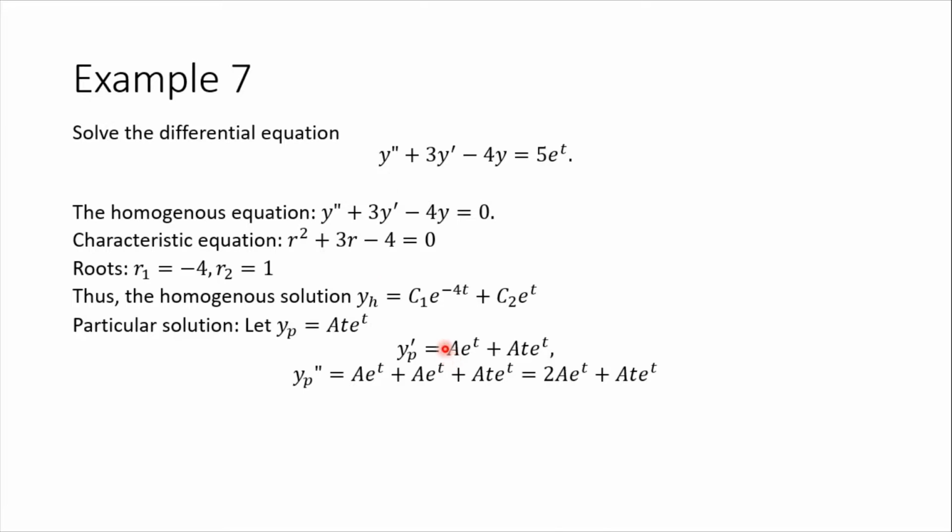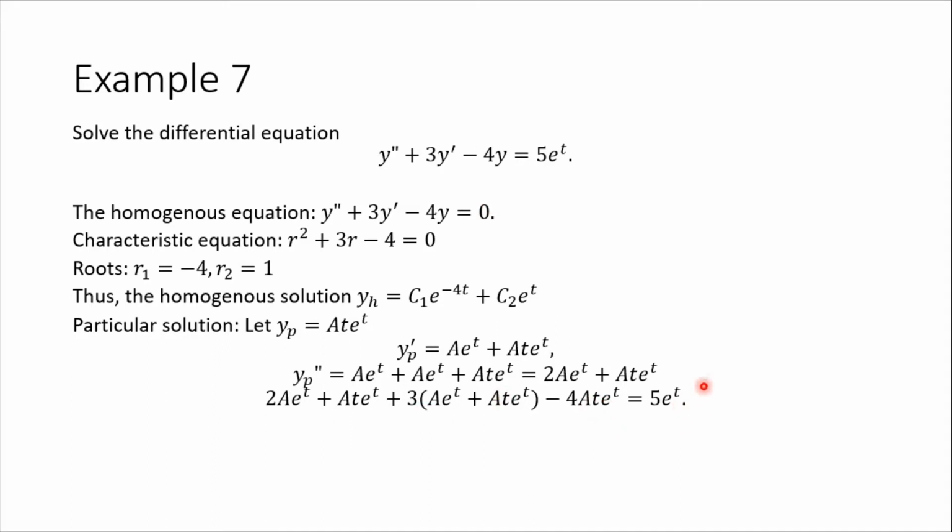Yeah, so this is the double accent, put it back here, the accent, put it back here, and the original y is this one, a t e to the power of t, we put it back here. Let's do that. Yeah, this is the double accent. Yeah, up to here. And this is the y accent, and this is minus 4 times y.